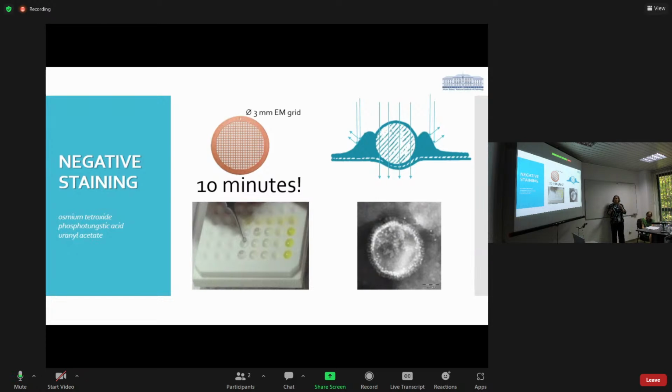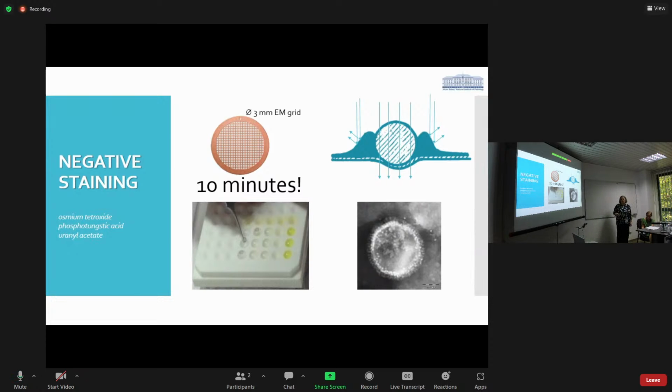This solution will prefer to stay in lower places surrounding the particle and creating a dark background for the particle, which is quite shiny in this technique.